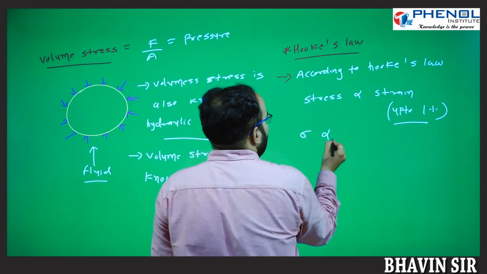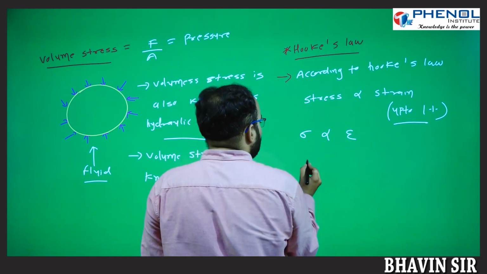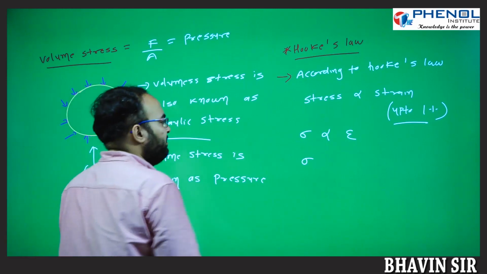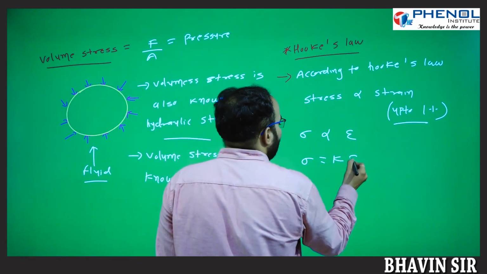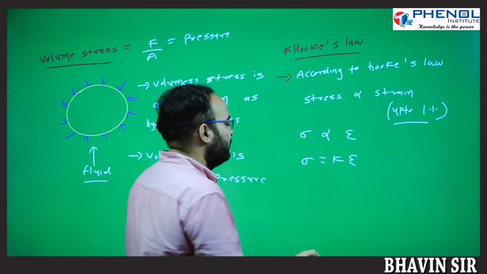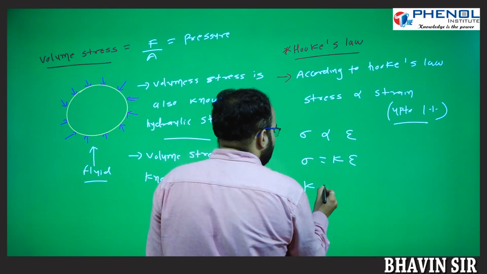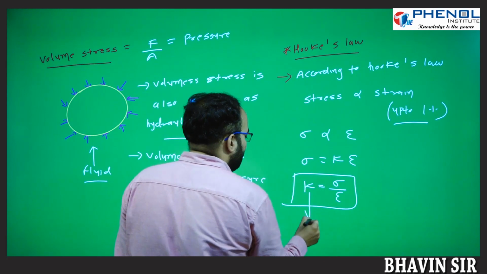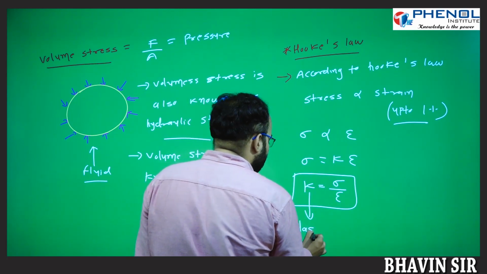Stress means sigma, strain means epsilon. Replacing the proportionality, we place K, or you can place E, the elastic modulus. So K means stress by strain, and K is known as the elastic modulus.